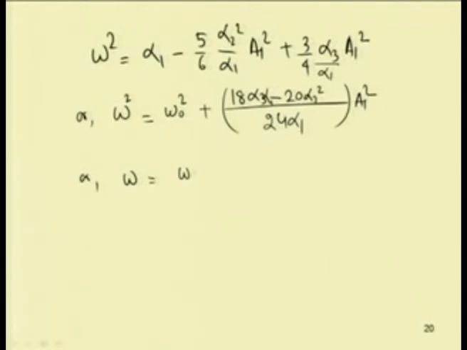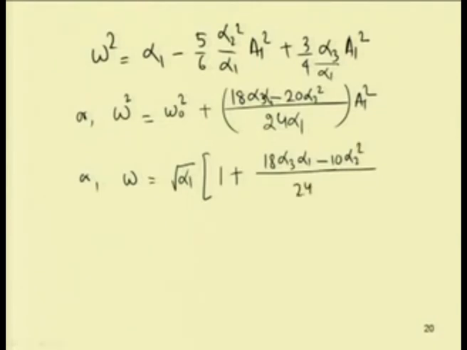So, this becomes omega 0 into 1 plus 18 alpha 3 into alpha 1, or I can write this equal to omega 0 or root over alpha 1, anyway you can write, minus 10 alpha 2 square by 24 alpha 1, to the power half.